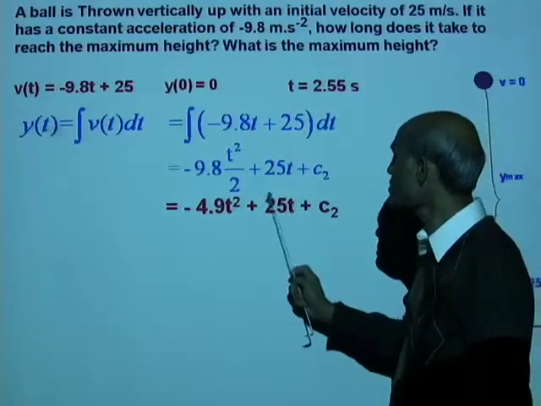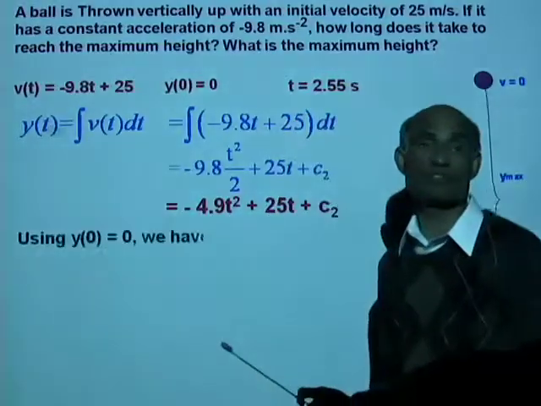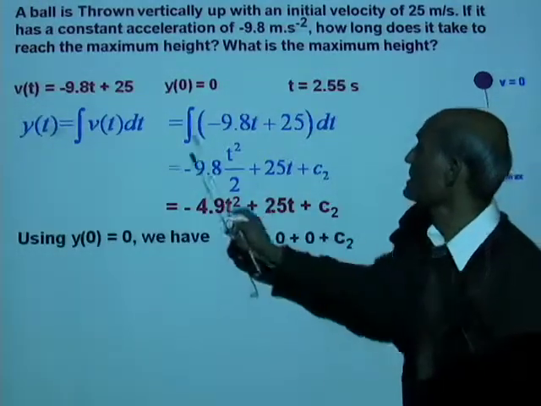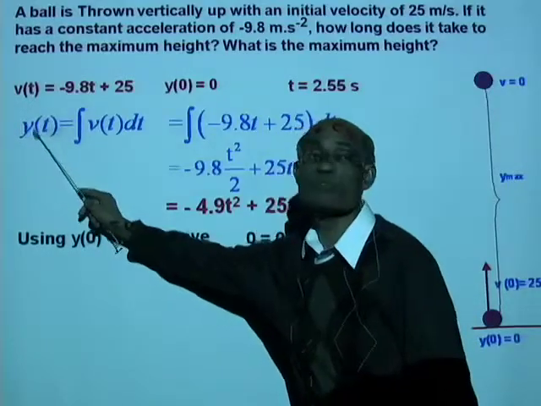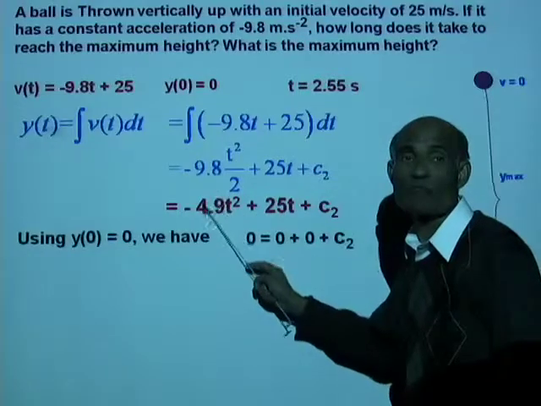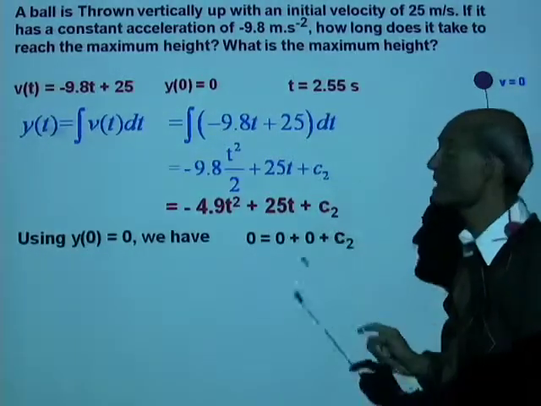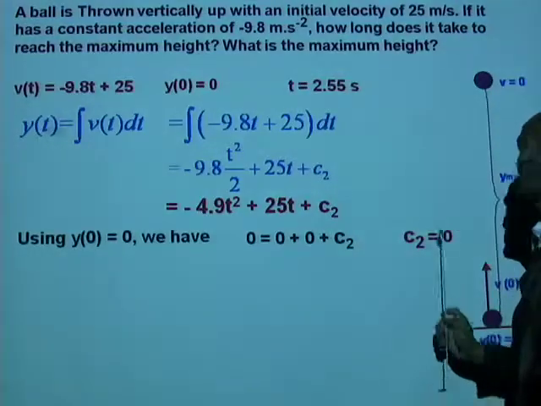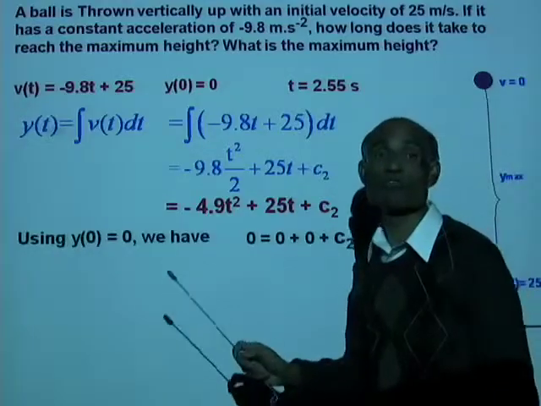When you replace t in the equation by 0, y will be equal to 0. That will be 0 equal to, watch my pointer, this y becomes 0 when t in the equation becomes 0. That means this will become 0, that will become 0. That means what is the value of c2? c2 is 0.